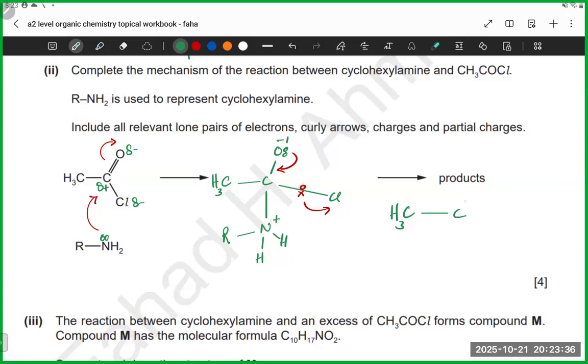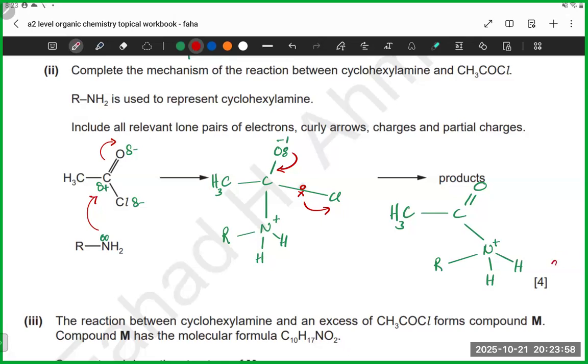So what's happening is the double bond reforms, and now you have N with H's and an R, and this N doesn't have a lone pair. And the Cl gets knocked out.